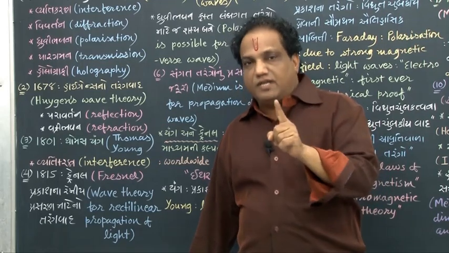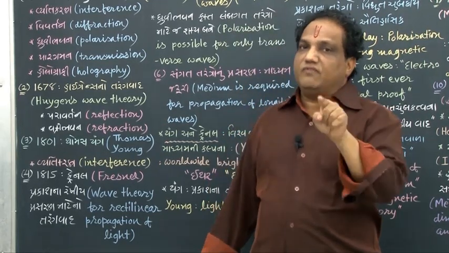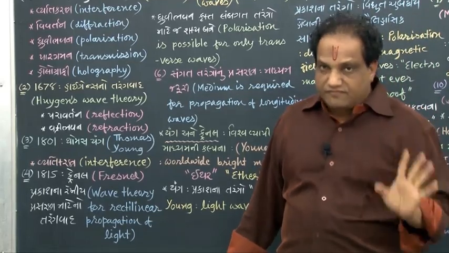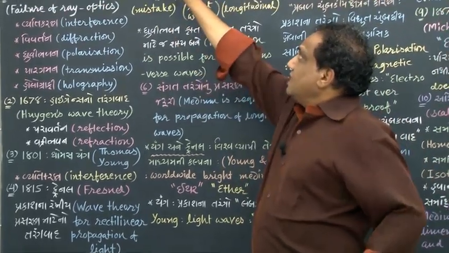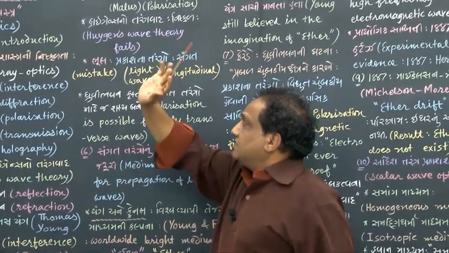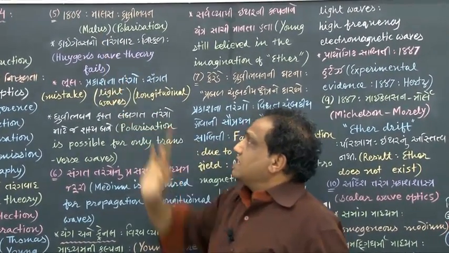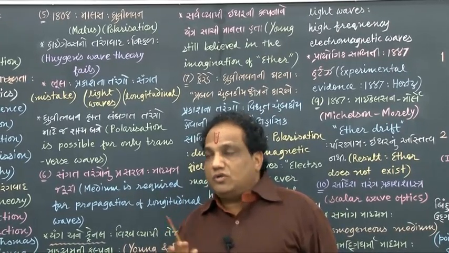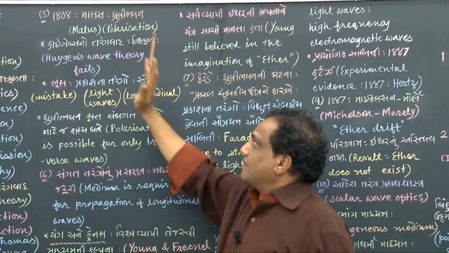Then in the year 1808, Mr. Malus had invented a new phenomenon which is called polarization.